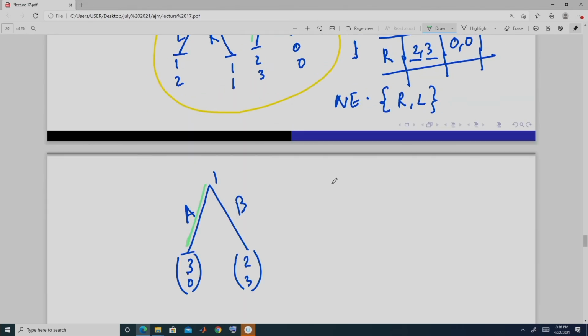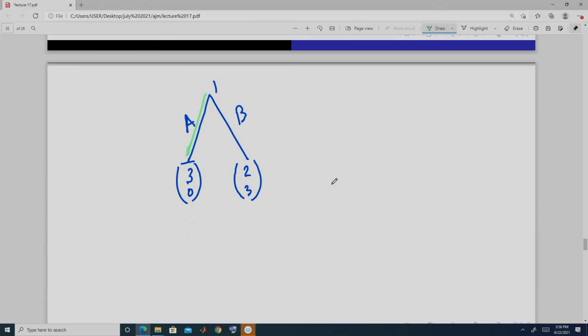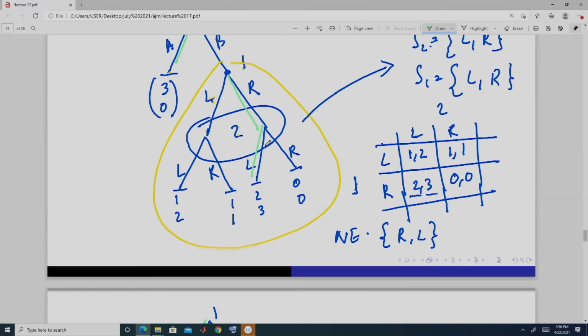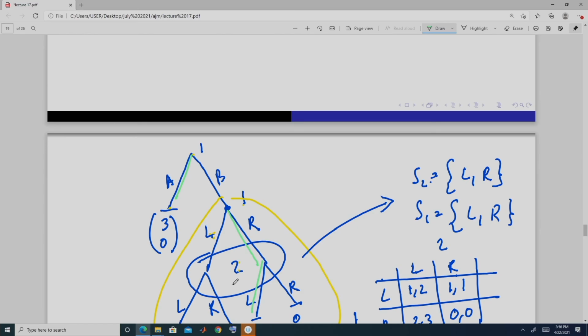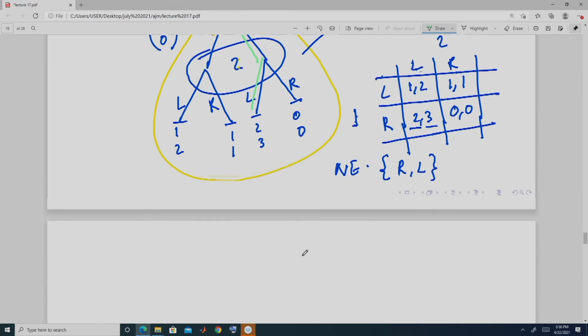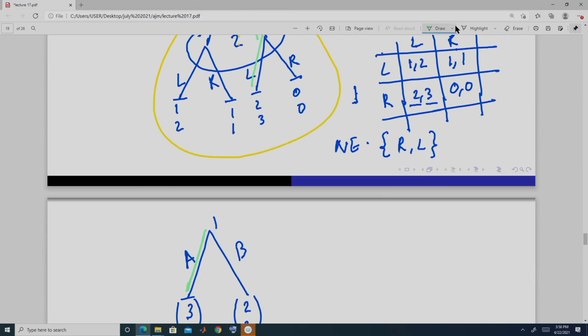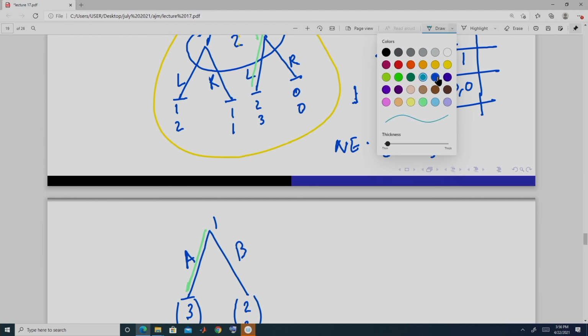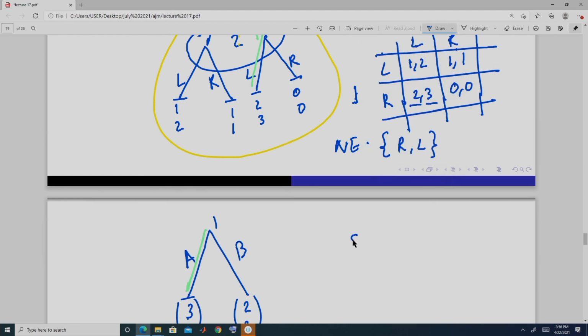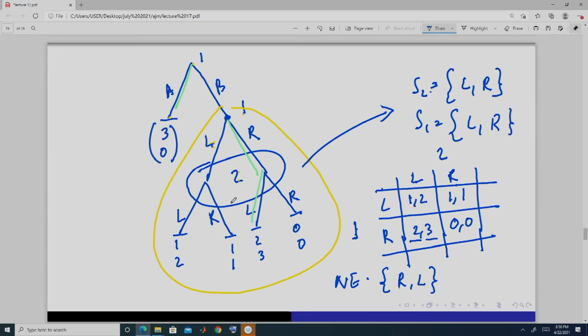But how do we specify the strategies of players? These strategies are for only this subgame. For the whole game, the strategies are like this. For player 2, the strategy set is the same. It has only one information set here, and then it has 2 nodes in it and they have the same action.